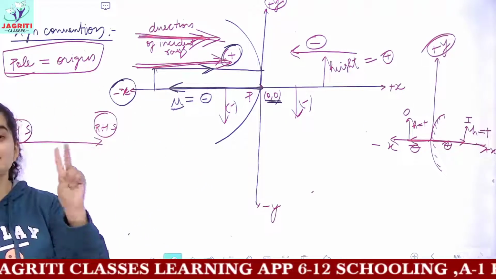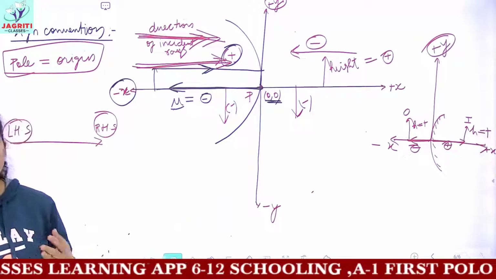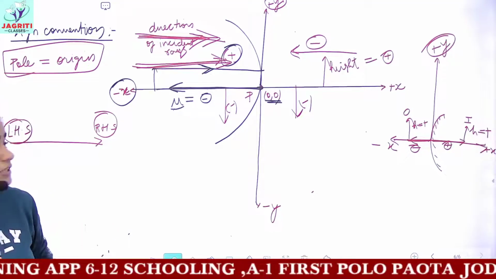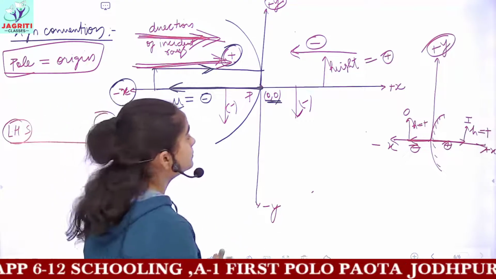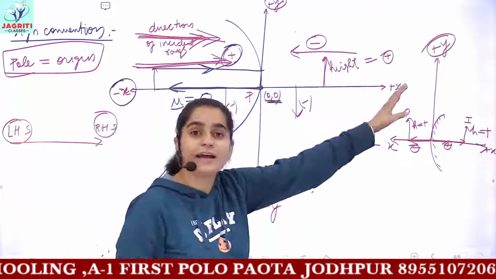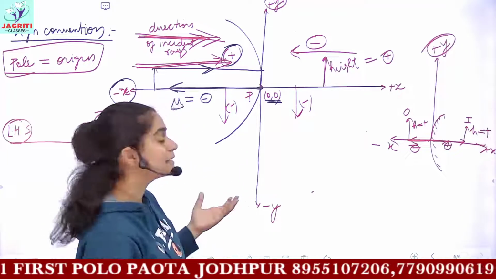The second rule says that all distances measured in the opposite direction of incident light are taken as negative. And the other two rules are that all distances measured above the principal axis are taken to have positive height and those below are taken to have negative height. So this is the sign convention.